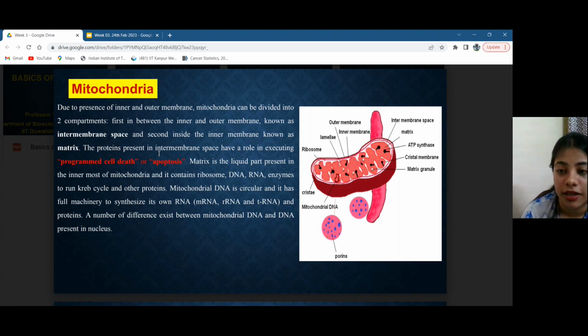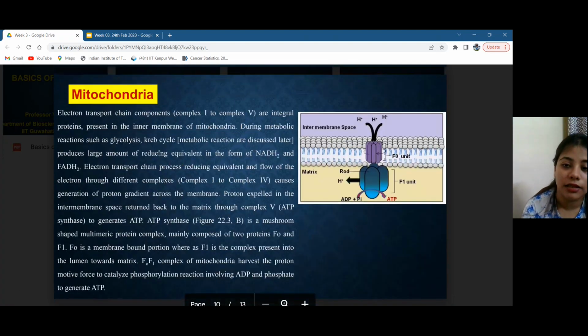The mitochondrial DNA is directly inherited into the zygote, and paternal mitochondria do not really contribute to it. So that we see. And then we see the entire process of the electron transport chain. I'll not get into the details of this because it has been extensively discussed by Sir.